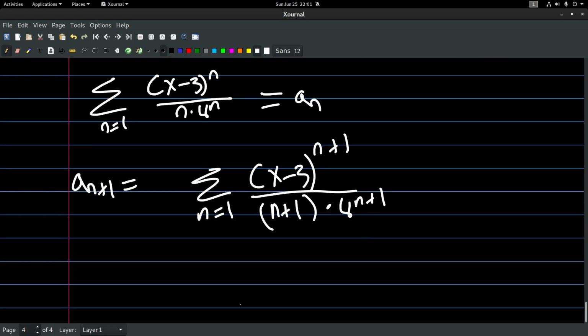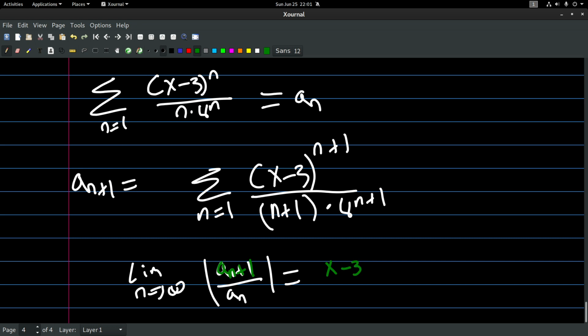So let's do the ratio. The limit as n goes to infinity of a_(n+1) over a_n equals (x minus 3) to the n plus 1 divided by (n plus 1) times 4 to the n plus 1.